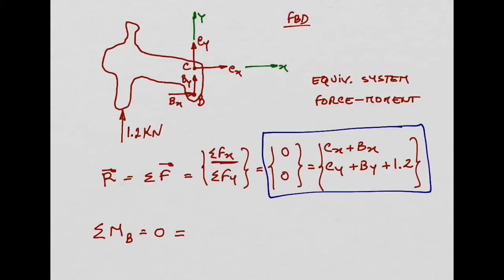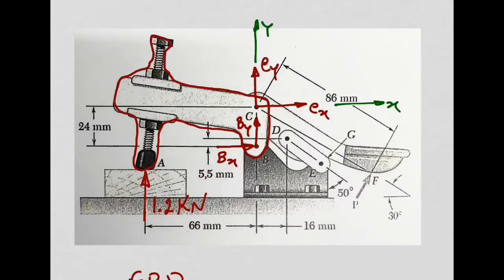In this case, Cx will tend to rotate this part about point B in a clockwise direction. So that moment should be negative, so minus. Now, in order to have the moment, I need to multiply the force, which is Cx, by the distance in the perpendicular direction. I think this figure for the distance is better.